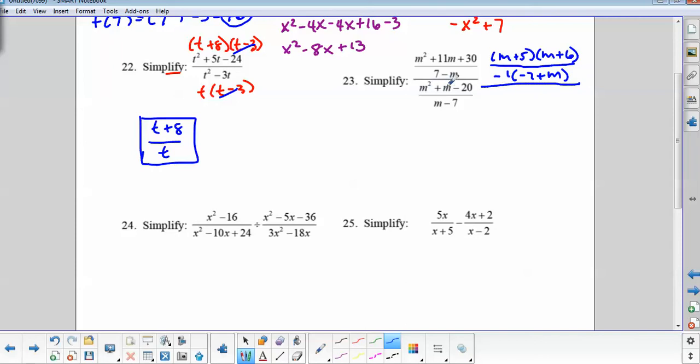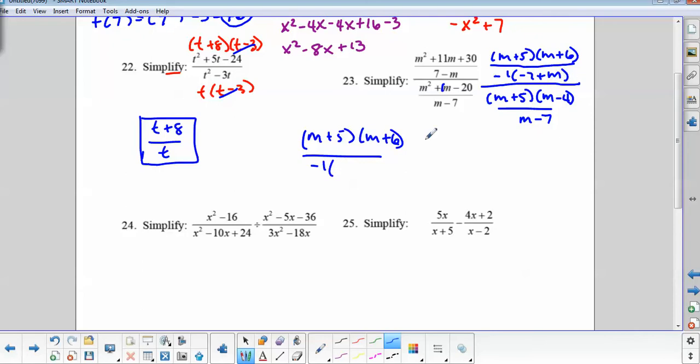Alright, here I need two numbers that multiply to negative 20 and add to 1. So that would be m plus 5, m minus 4. And then over m minus 7. So when you have two fractions being divided, you can flip the second one and multiply. So I'm going to copy the top, m plus 5, m plus 6, and a negative 1 factored out. You can even switch the order here.